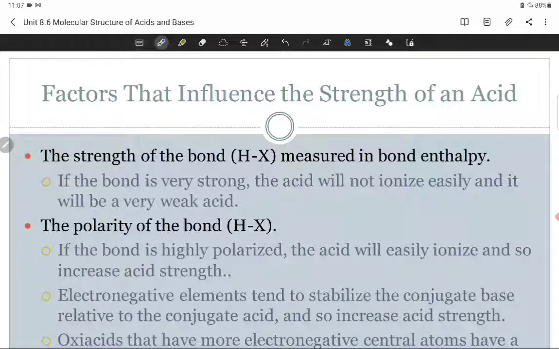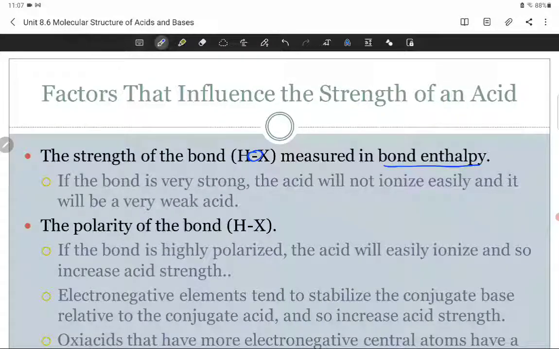But how well this bond connects the H and the X definitely influences the strength of the acid. Remember, strength of acid is about how much of this goes from left to right to donate H positives. So if this is easy to break, it's going to make lots of H positive. If this is very difficult to break, the HX is very difficult to break, it's not going to make hardly any H positive. So bond enthalpy is going to be very important.